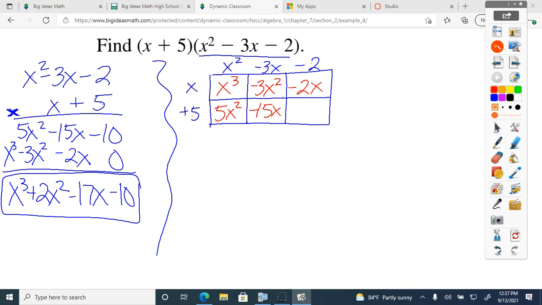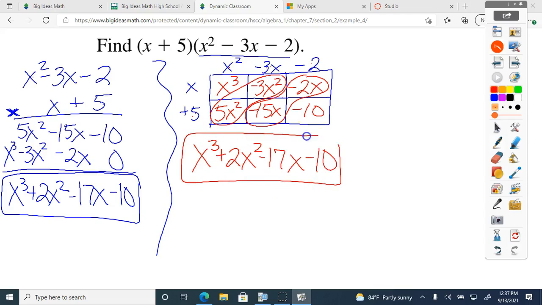And 5 times negative 2 is negative 10. Then again, you find your like terms and add those up. So my final answer would be x cubed, 5 minus 3 is still 2x squared. Negative 15 and negative 2 make negative 17x, and then minus 10. Same answer we got when we did it the other way.